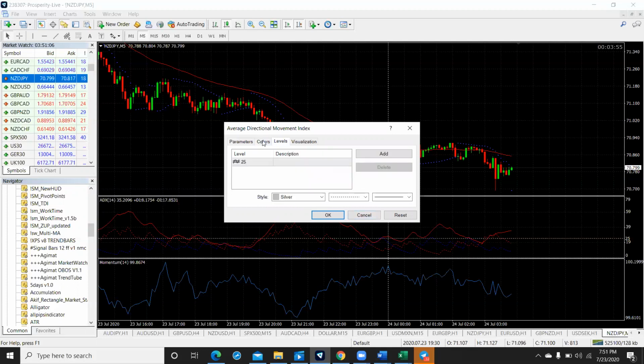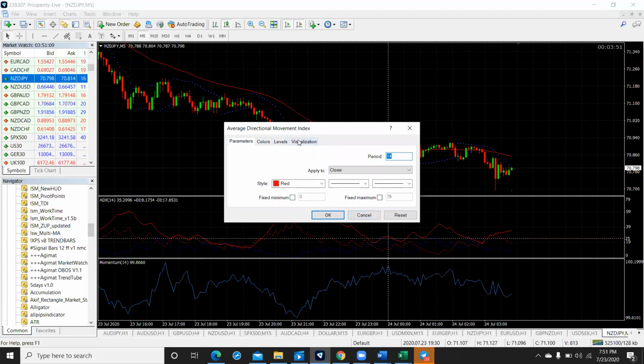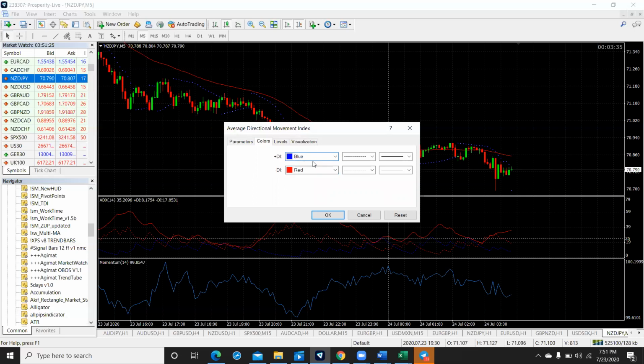As far as the settings, we're going to be using some of the base settings, a 14 period for the ADX. You can change the colors to your preference, but for my plus D, I'm using blue, and for the minus D, the bearish signals, I'm using red.